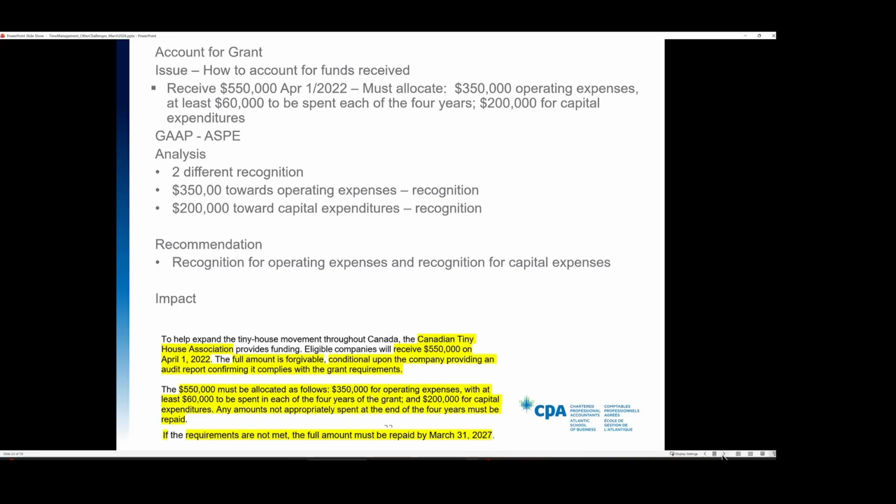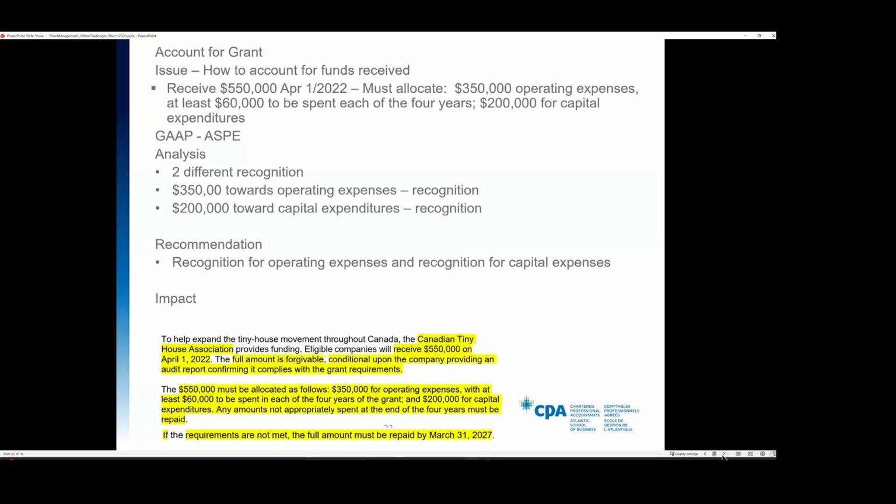So what's happening now is I know that I need to talk about how to account for the funds received. And so when I'm looking at the analysis, I need to talk about the recognition for the operating expenses, the recognition for the capital expenses. I need to provide recommendations for each of those separately. Plus, I need to also talk about and analyze the repayment.